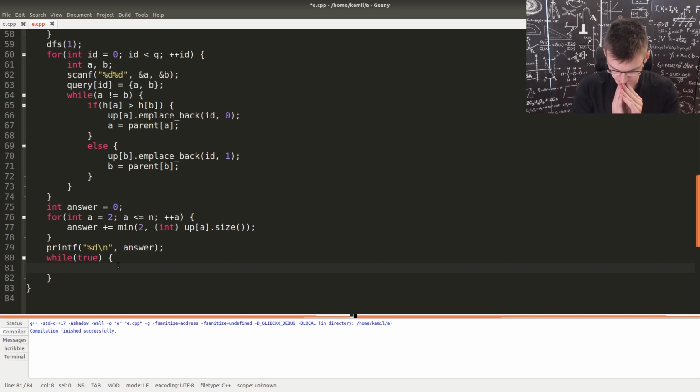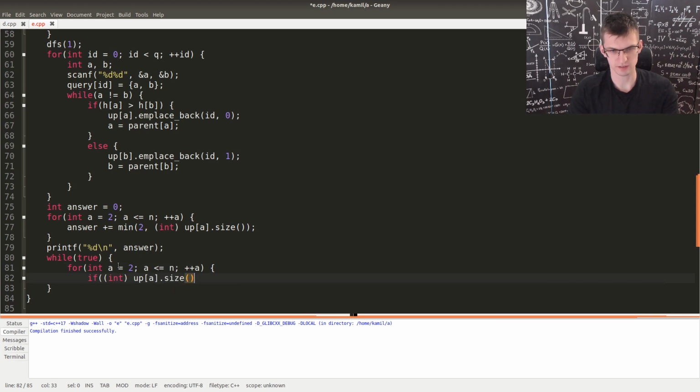While true. Go through all the vertices other than the root.